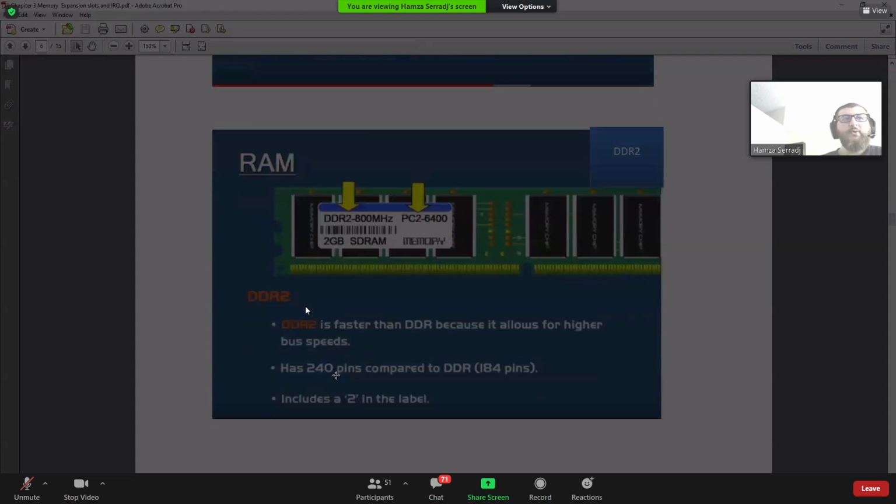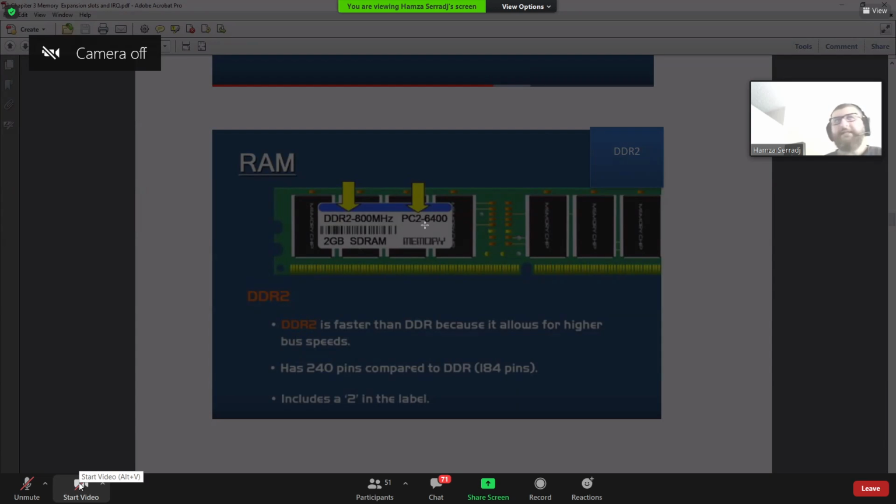It has 240 pins compared to DDR's 184. And you see the notation, it's DDR2 800 megahertz or PC2 now with the frequency. See, PC2 is for DDR2.